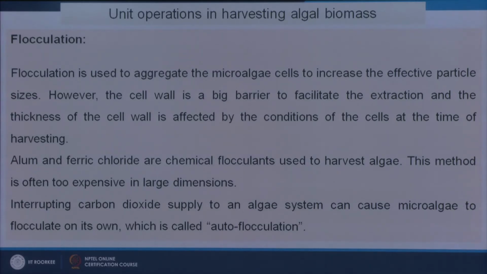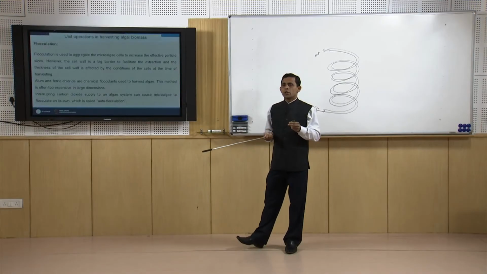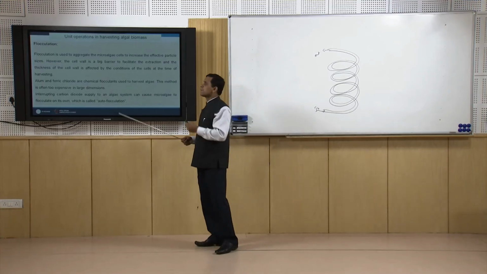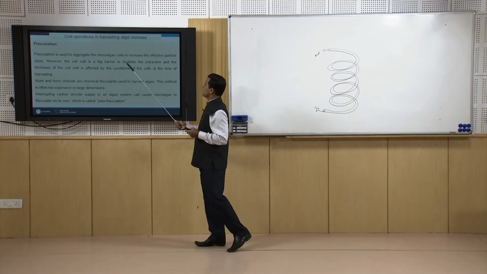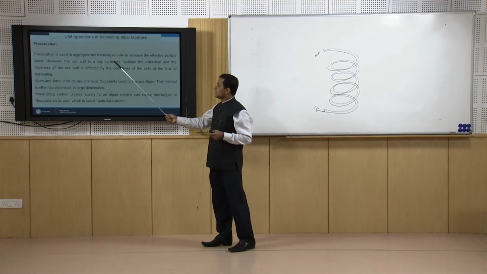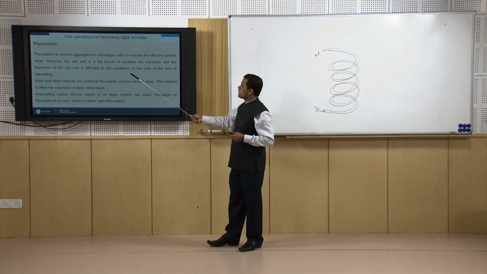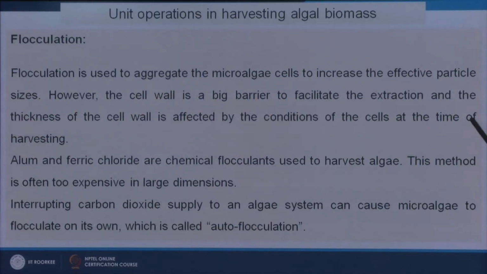However, the difficulty is that for increasing effective particle size we need some flocculants, and these flocculants alter the nature of the cell walls. So, that is the main drawback of this process, and the wall is affected by conditions of the cell at the time of harvesting. Normally alum and ferric chloride are added as the flocculants, and this method is also expensive.